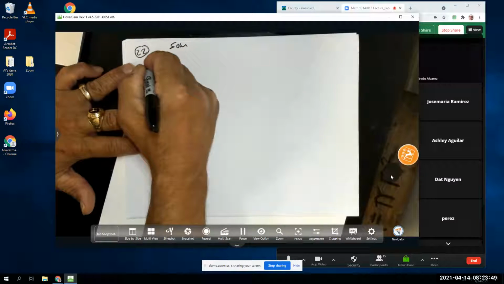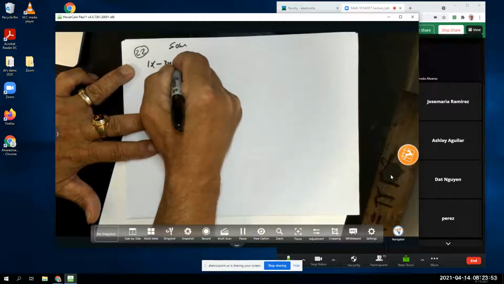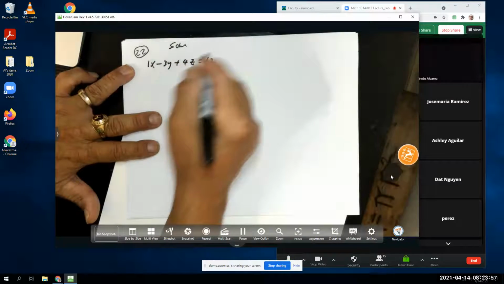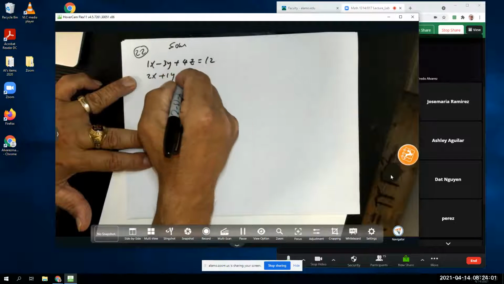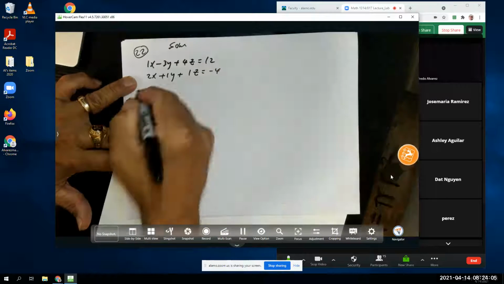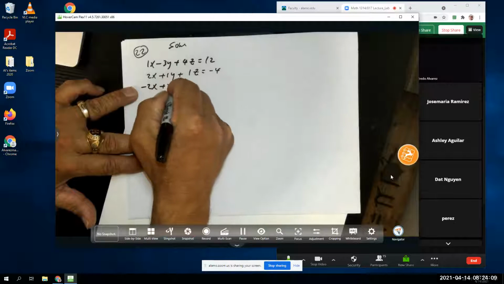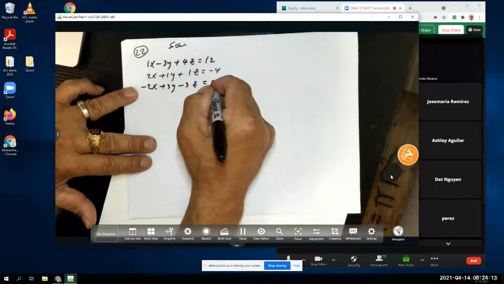And it says 1x minus 3y plus 4z equals 12. And 2x plus 1y plus 1z equals negative 4. And negative 2x plus 3y minus 3z equals negative 8.